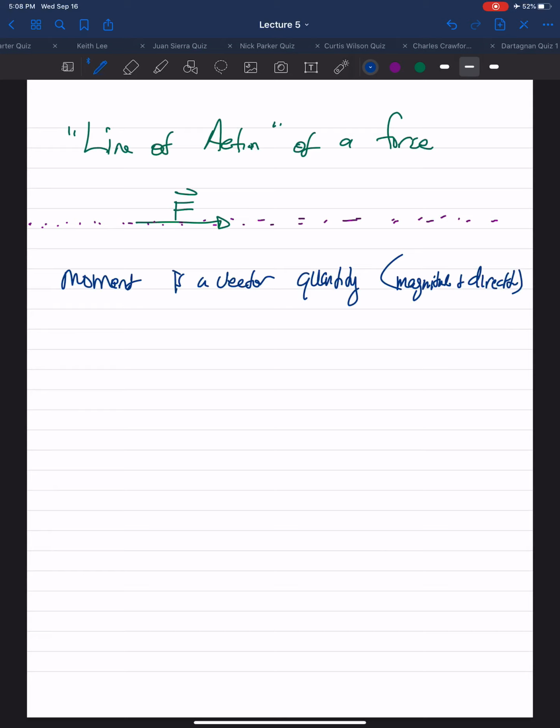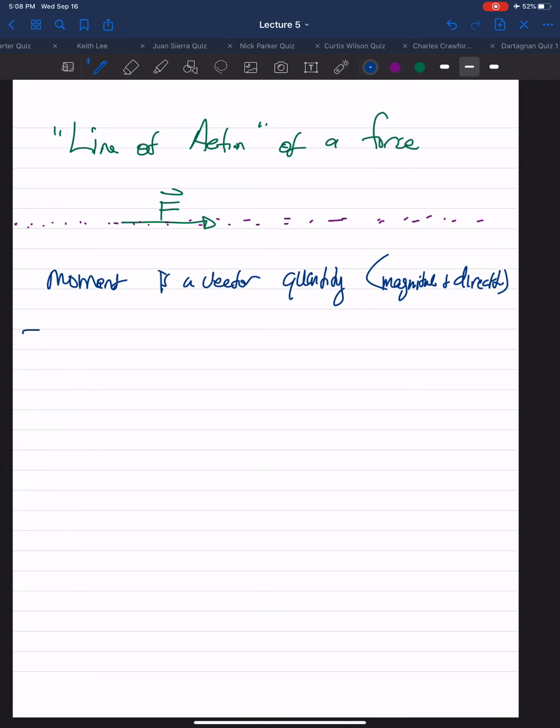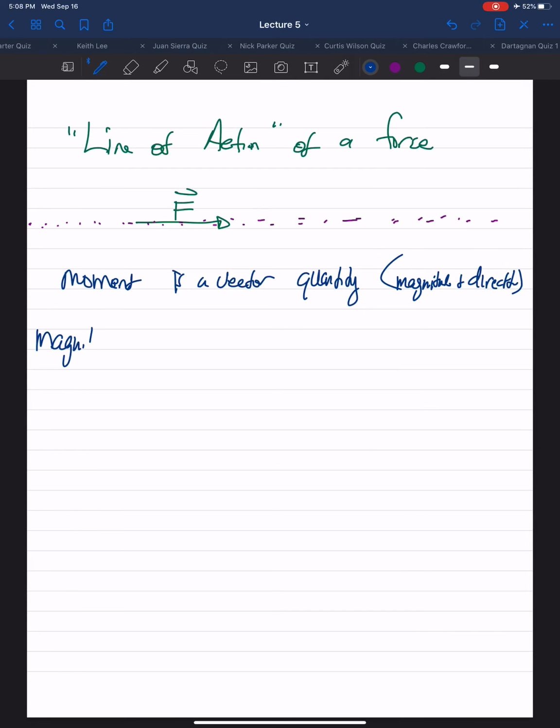And typically we say moment about a point, and typically we'll say moment about point O, but throughout your problems you can say point A, point B, it's just subscript. However, the magnitude of the moment, so just the magnitude, is the force times the perpendicular distance.